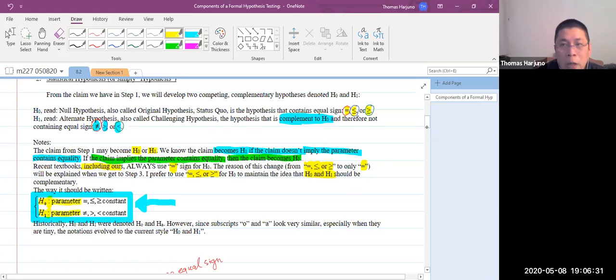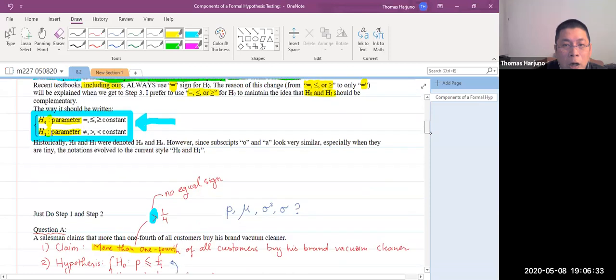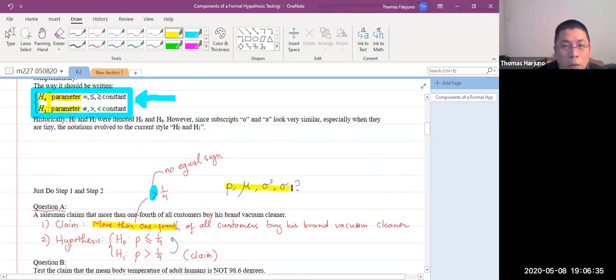What are parameters? Parameters are any one of these four. Then equals, less than equal, greater than equal, and the complement for the alternate hypothesis, to a constant.